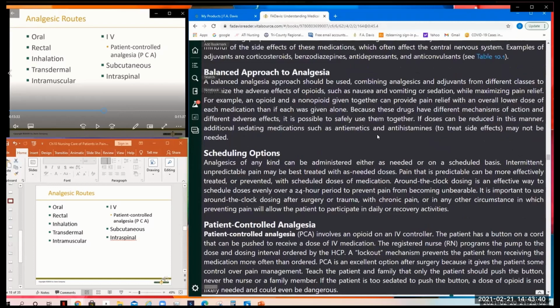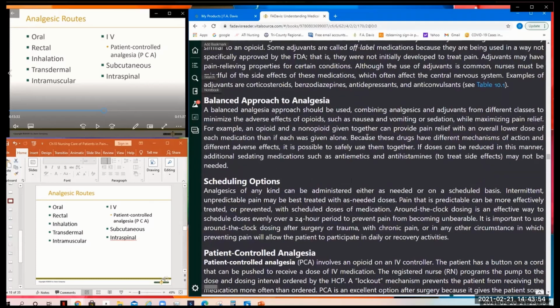Balanced approach to analgesia. A balanced analgesia approach should be used, combining analgesics and adjuvants from different classes to minimize the adverse effects of opioids such as nausea and vomiting or sedation while maximizing pain relief.